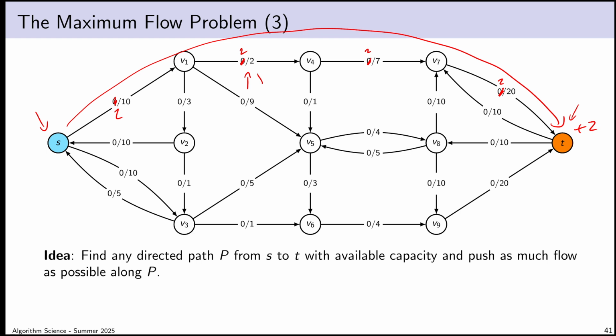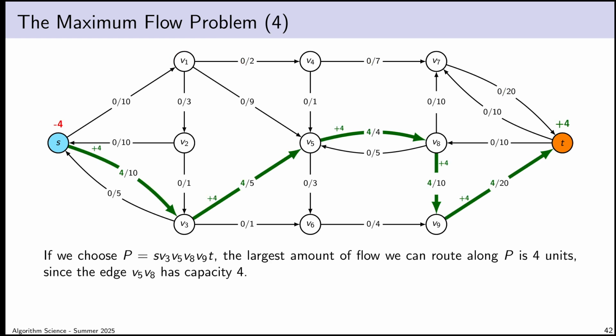It's easy to show that the conservation constraints will be satisfied after this modification, because if I push 2 units all the way from vertex S to vertex T, then any vertex that those 2 units pass through isn't going to violate conservation, because the 2 units are going to go into the vertex, and the same 2 units are going to leave the vertex. So if I use paths like this, it's pretty easy to show that if I start from a feasible flow, and I'm careful about how many units I choose to push through the path, the constraints will be satisfied when I'm done.